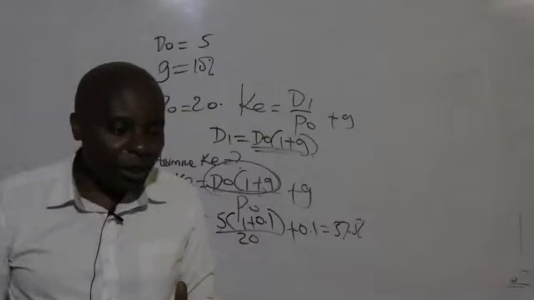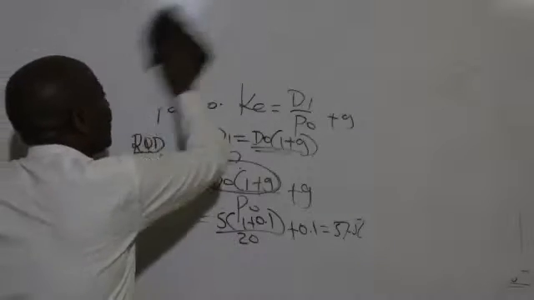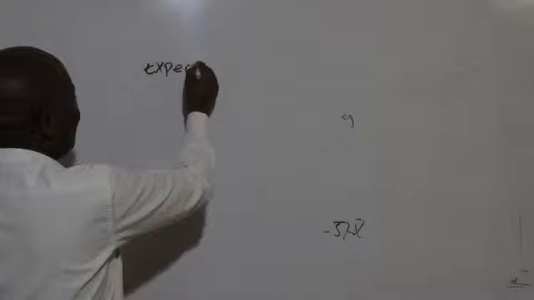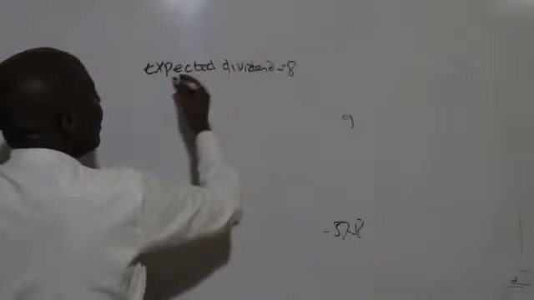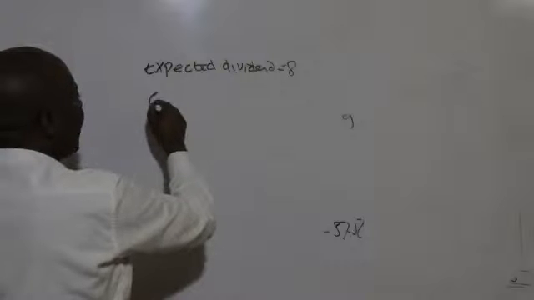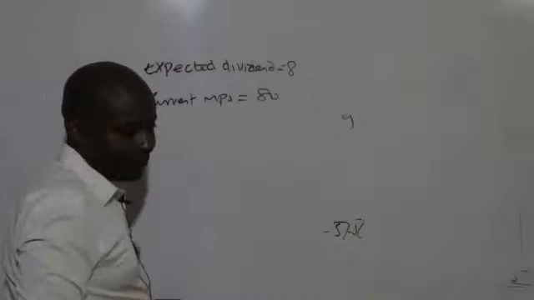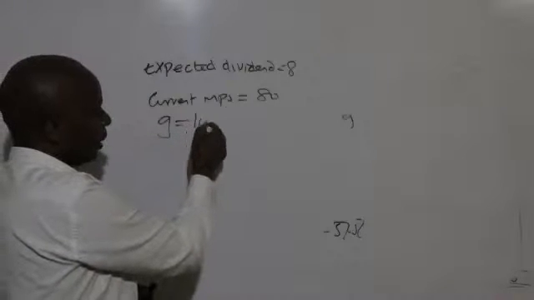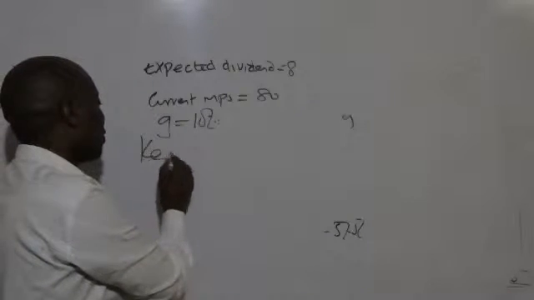I hope I've been able to tell you, if you get a question like this in the exam, where somebody tells you that the expected dividend is 8, then they give you the current market price per share is 80, and then they give you the growth rate, which is perhaps 10%, and they ask you to give us Ke.